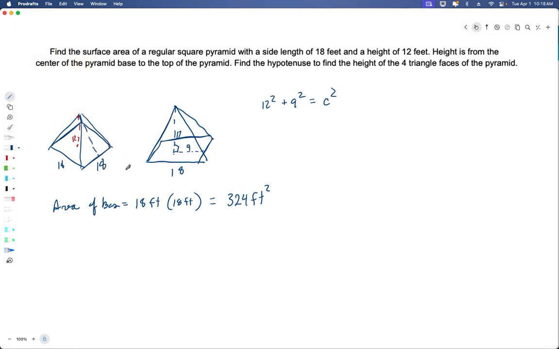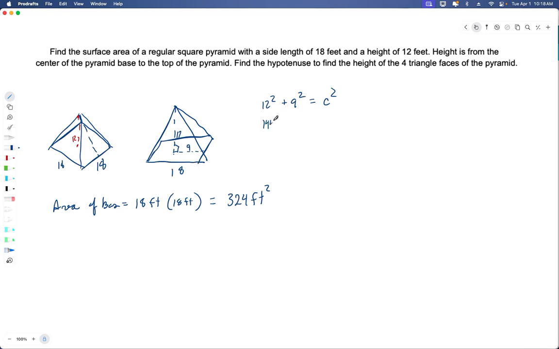But now we have to find the height of the triangular face, this right here, by finding the hypotenuse of the height and half of the length of one side, because it goes to the center. Okay, so that's where we are now.